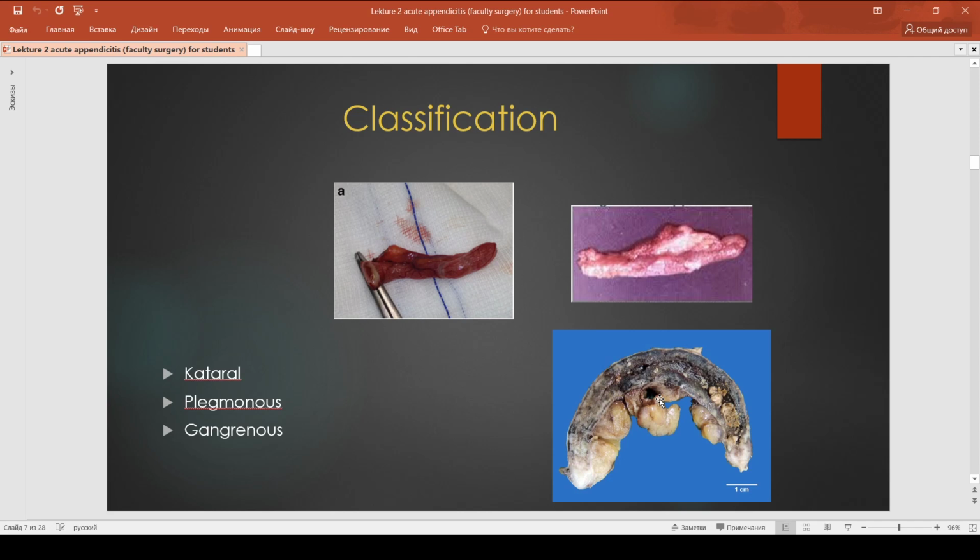In this example, of course, we can talk about gangrene of the lungs, gangrene of the bowels, and we can never talk about gangrene of the spleen. It will be necrosis of the spleen.